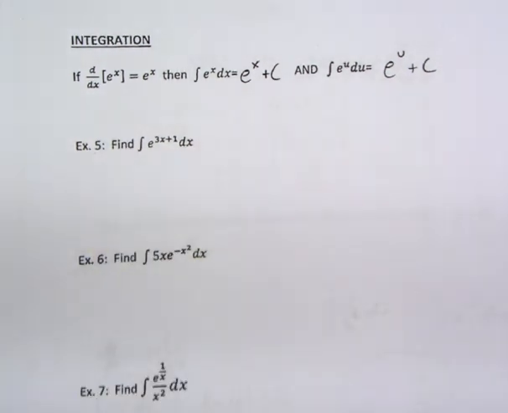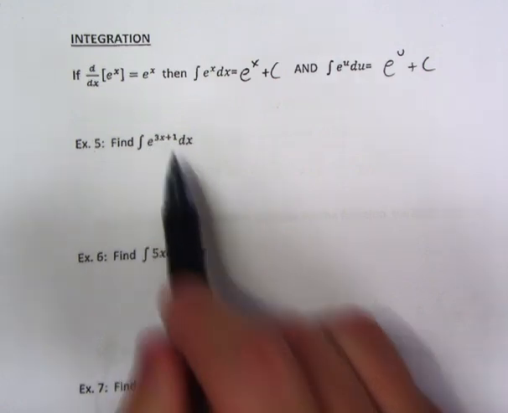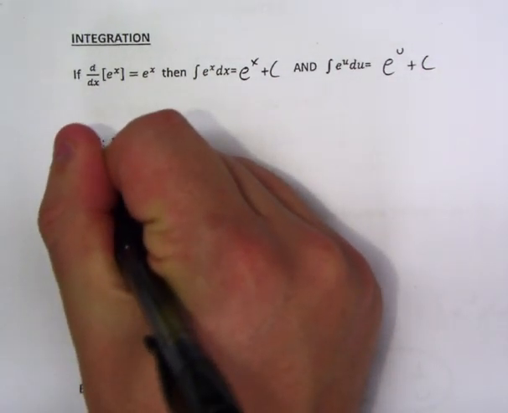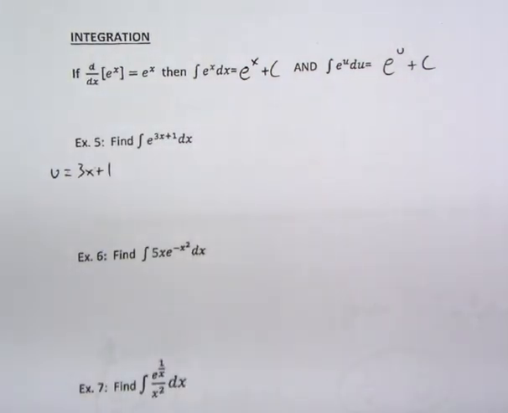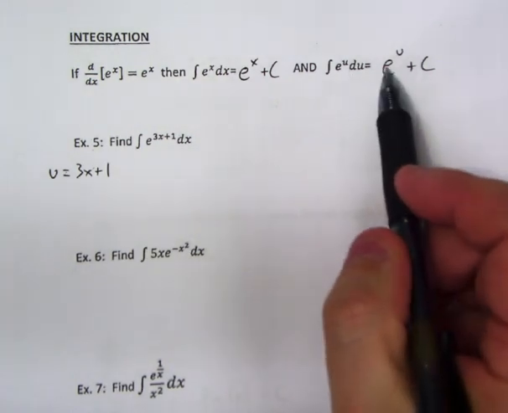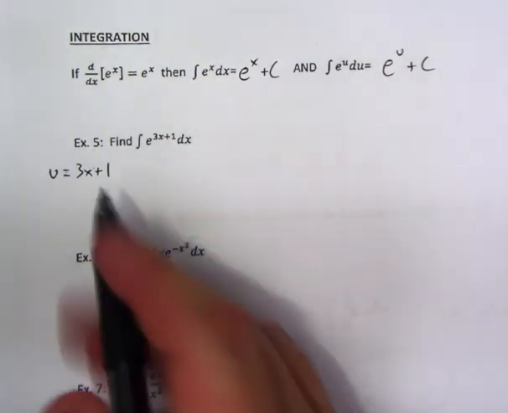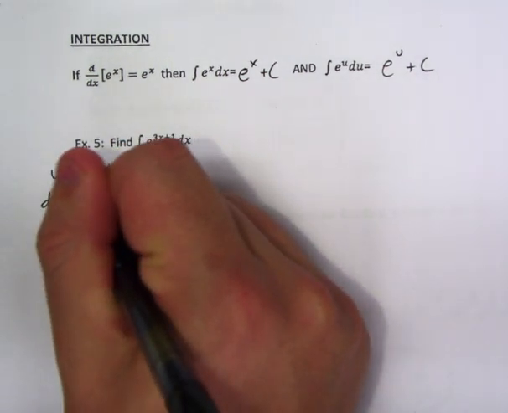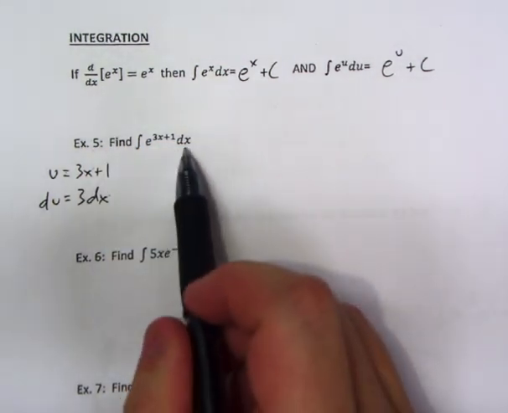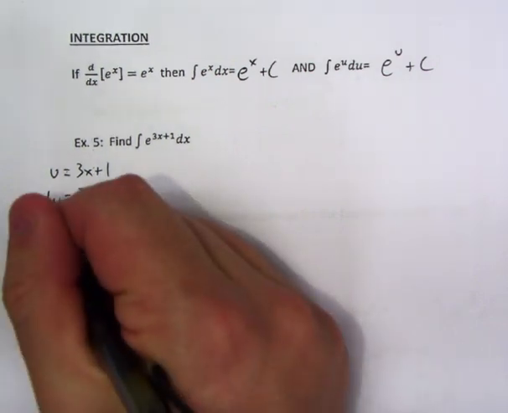So this one right here, we want to integrate e to the 3x plus 1. So we're going to have u equal 3x plus 1. So that's going to give us e to the u, which is what we want. But now we have to get rid of the dx. So du equals 3 dx. We're trying to replace the dx, so divide by 3.